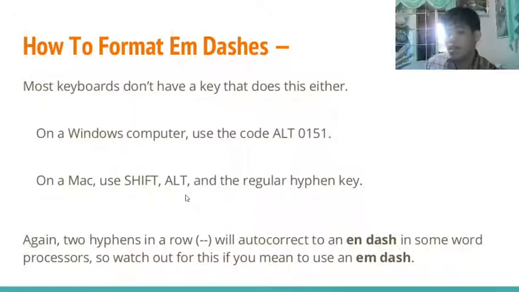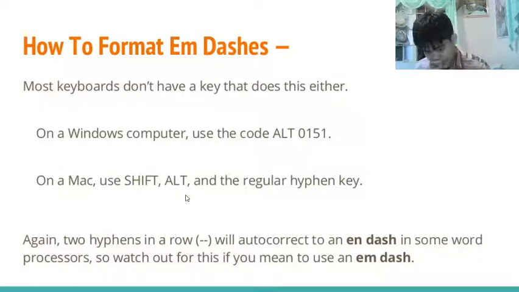Again, two hyphens in a row will autocorrect to an em dash in some word processors, so watch out for this if you mean to use an en dash. The en dash is the shorter version. The em dash is the longer version. So be mindful of this information.